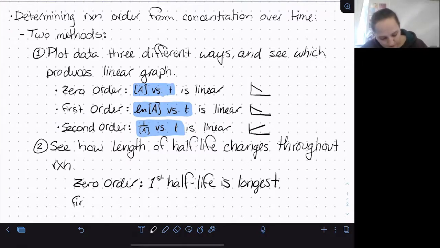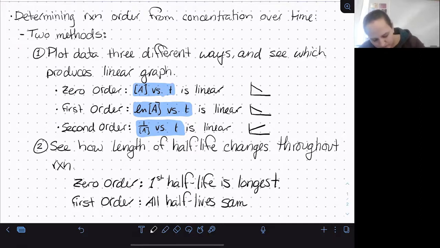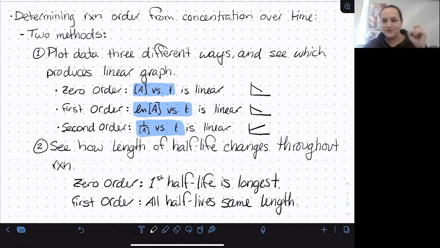For a first order process, we mentioned in the previous video that all of your half-lives are the same length. So if it takes you 30 seconds to use up the first 50% of your material, the next 25% is going to take you that same 30 seconds. It's going to take you the same amount of time.